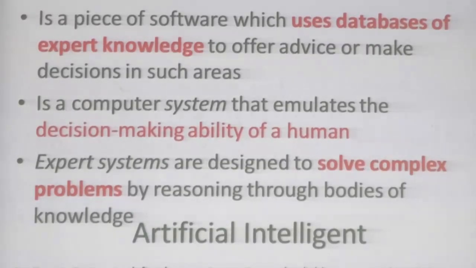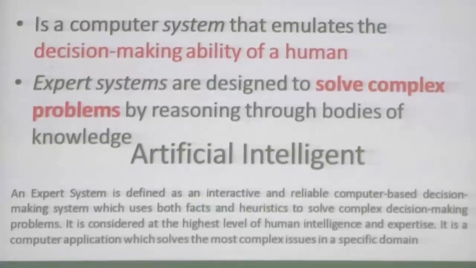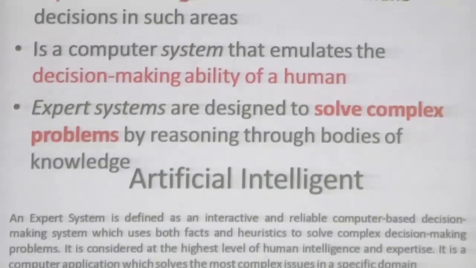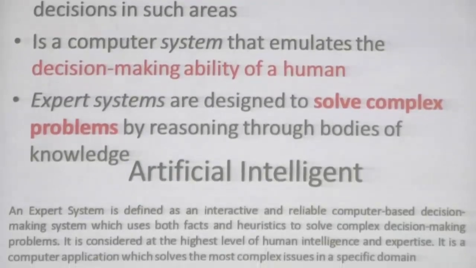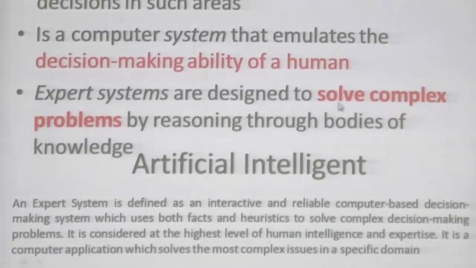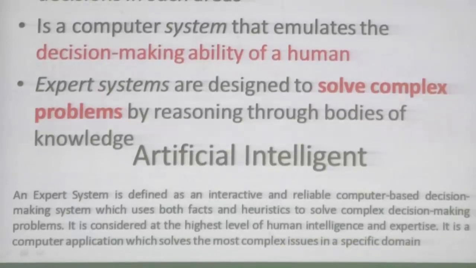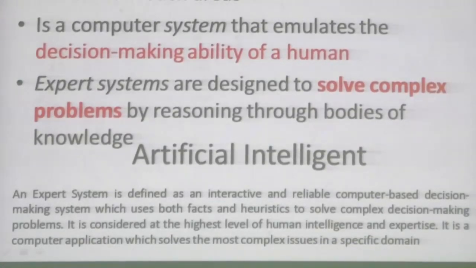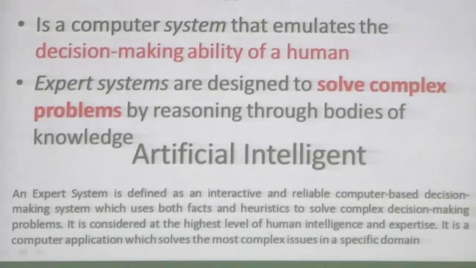Everywhere in the world, artificial intelligence is used, not only for one thing but for so many things. So, you must understand these highlighted important points about expert systems. That will come to the examination, I guess.